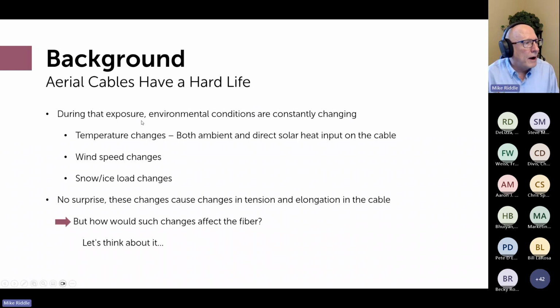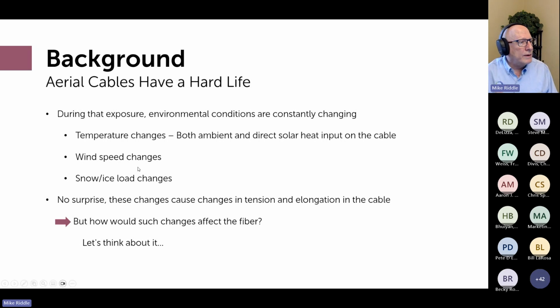So during that operational life, environmental conditions are constantly changing. So you've got temperature changes. The ambient temperature will go up and down. And then plus, it could be sunny or not. So at the same ambient temperature, the cable will heat up more on a sunny day than if it's a cloudy day.